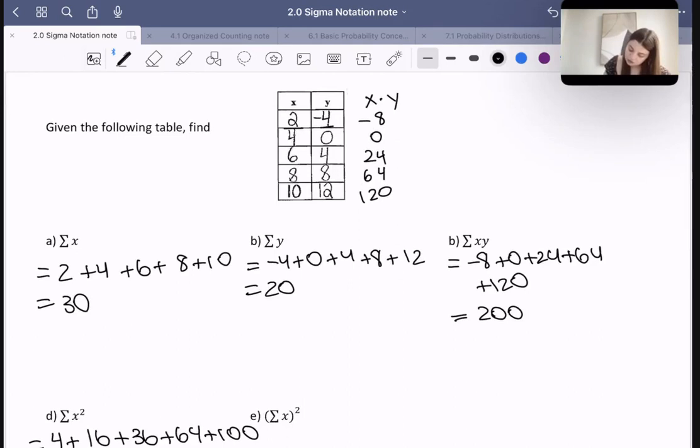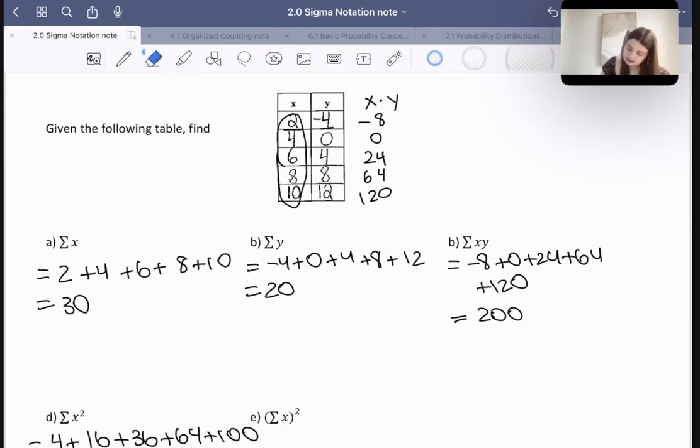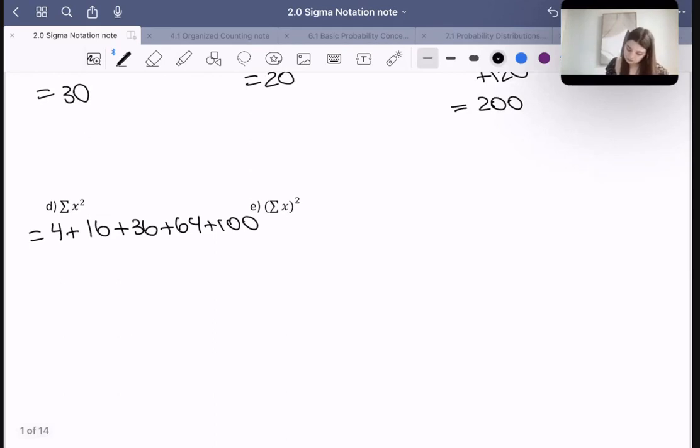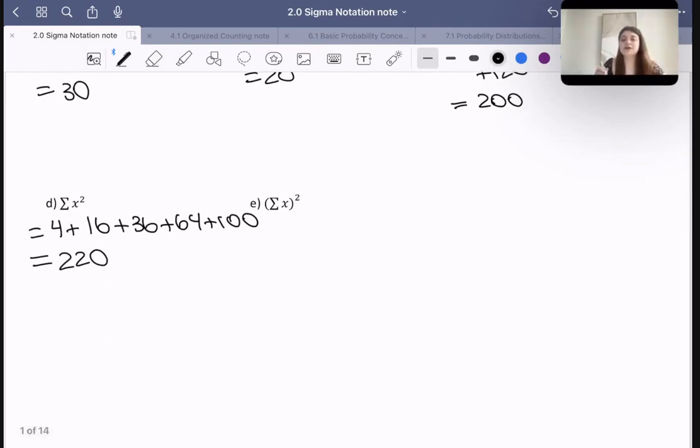Because I took all these values, 2, 4, 6, 8, and 10, and I squared them, and now I'm adding them up. So let's see, what is that going to give us? 64 plus 36, well, we know what that is, plus another 100. And then we have plus 20, so we're going to get 220. Awesome.